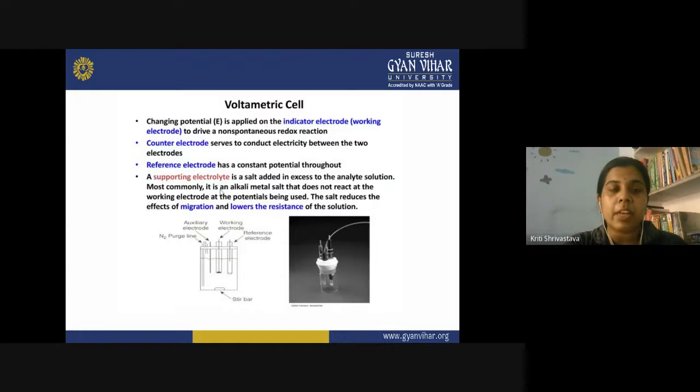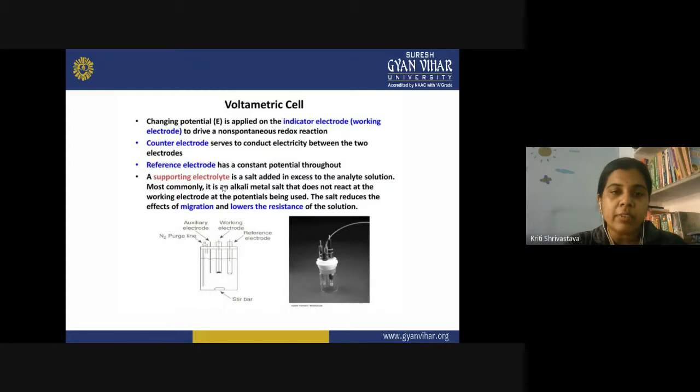They become electro-inactive species in that window of potential. So it does not react at the working electrode at the potentials being used. The salt reduces the effect of migration and also lowers the resistance of the solution.